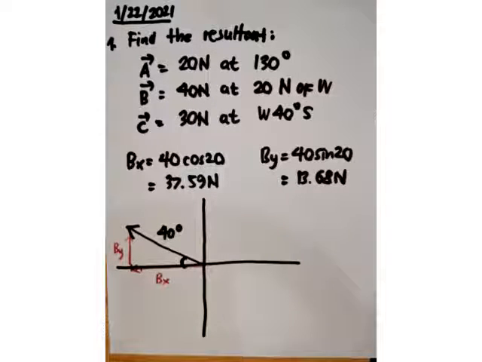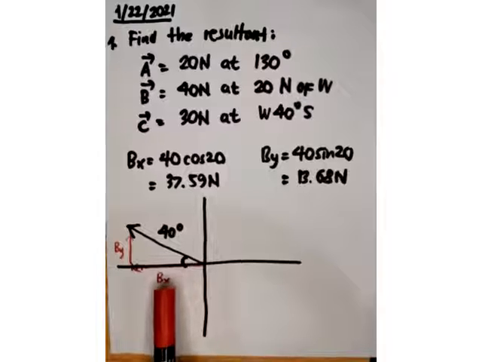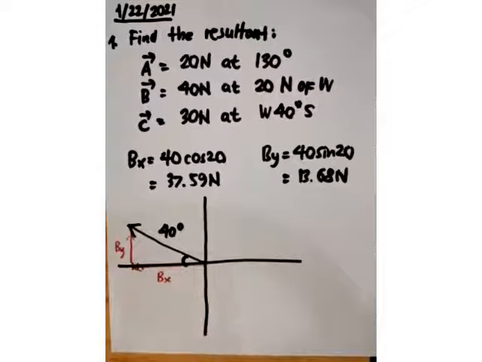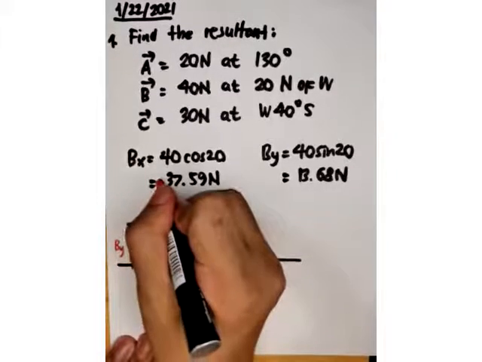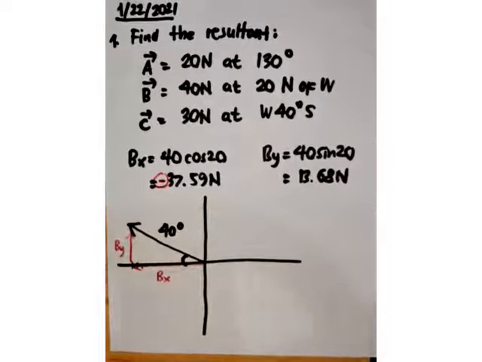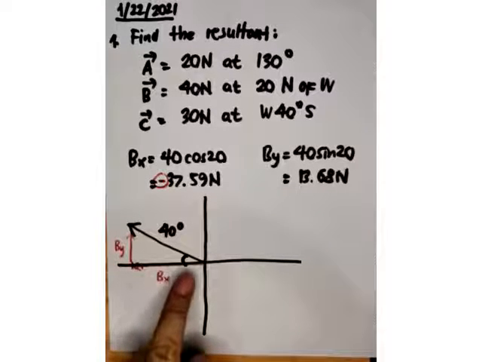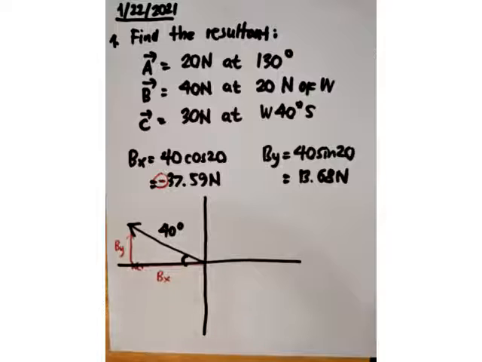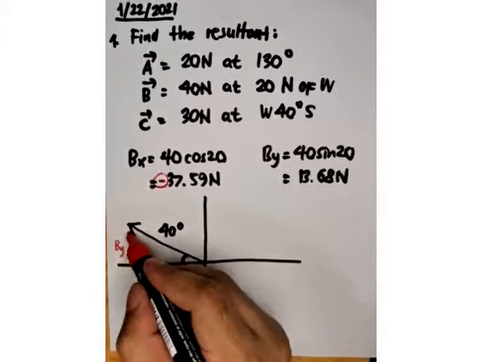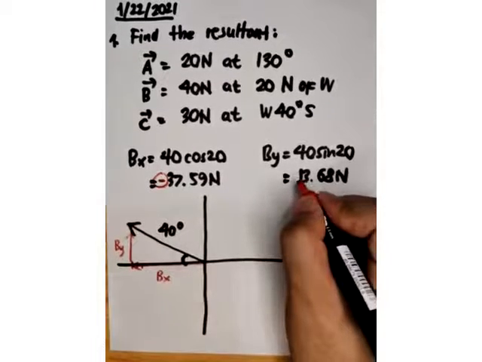Tama. Okay, ang problema, saan ba papunta yung B of X? Hindi ba papunta siya sa kaliwa? So that means, dapat ito negative. Kasi, check natin siya na dapat pa-west siya. So, in-expect natin na negative yan. At the same time, since pataas yung BY, so therefore, positive talaga yan.